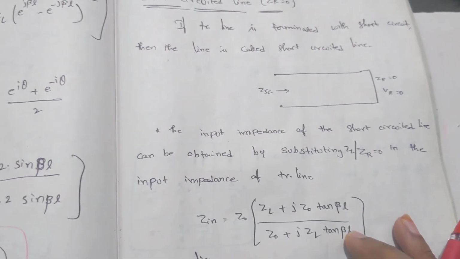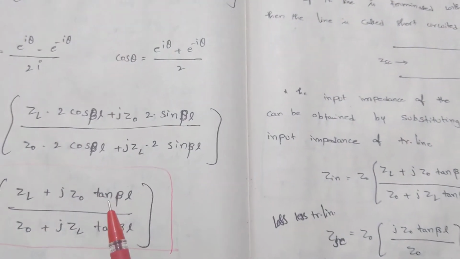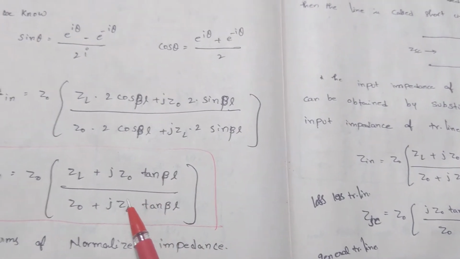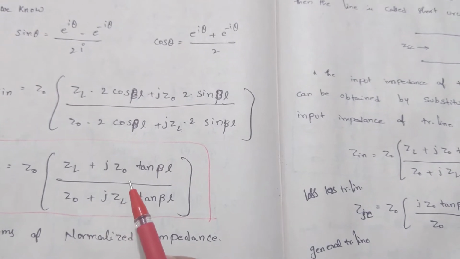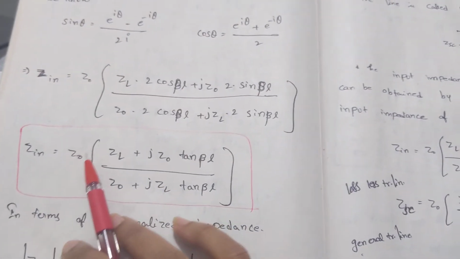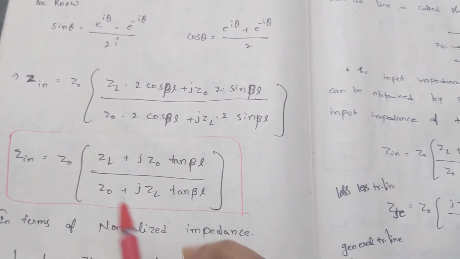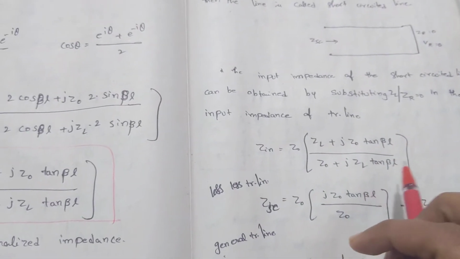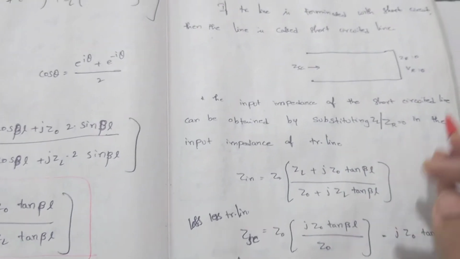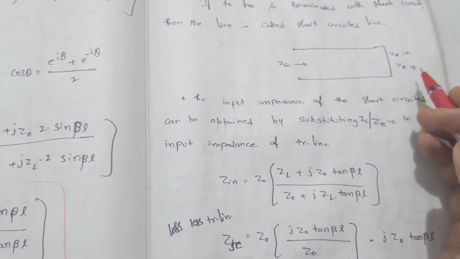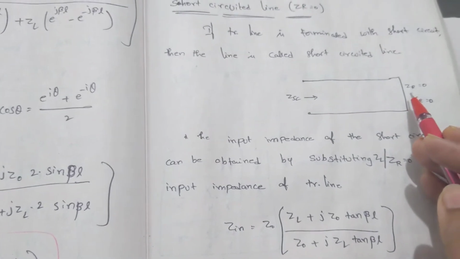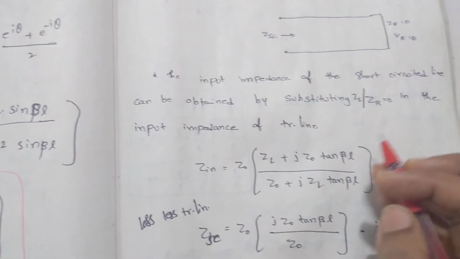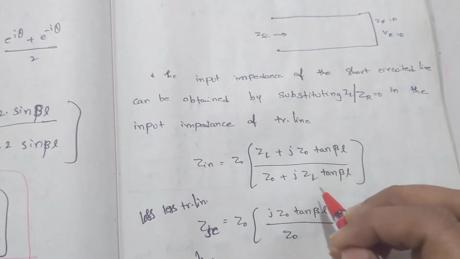The input impedance of the transmission line we already found for a lossy transmission line. In our last class video, you can find the input impedance for a lossy transmission line. This is the equation. I take that equation and replace the value ZL or ZR equals 0.